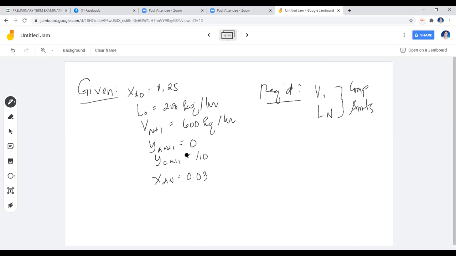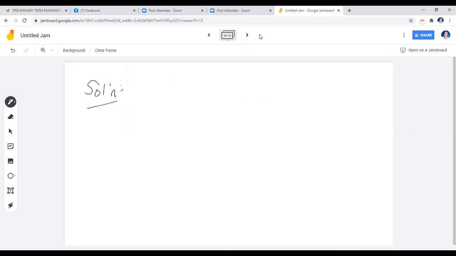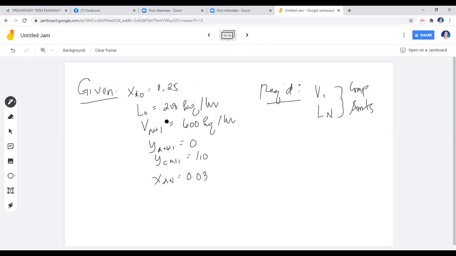Now, if you do an overall material balance, that's always the starting point, then you will have L0 plus V sub n plus 1 being equal to L1 plus V1, also equal to the bulk phase M. So we know the L0 and the V sub n plus 1, 200 and 600.